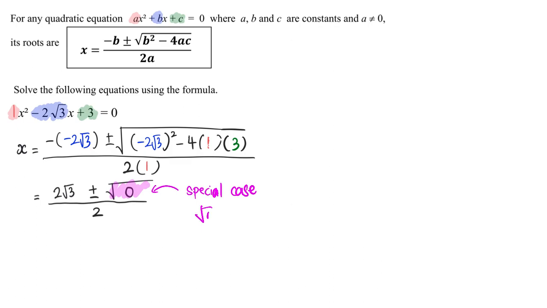Where square root 0 is equals to 0, meaning there's only one answer. So in this particular question, we are actually looking at the final answer would then be 1.732 to 5 significant figures, followed by 1.73 to 3 significant figures.